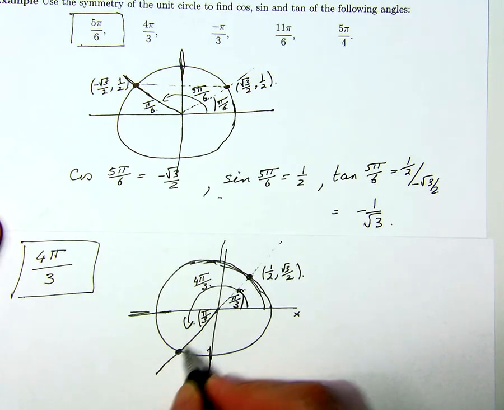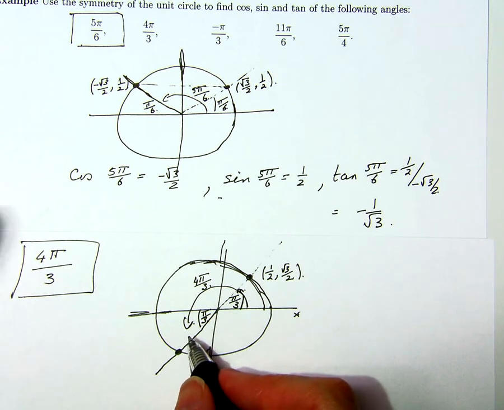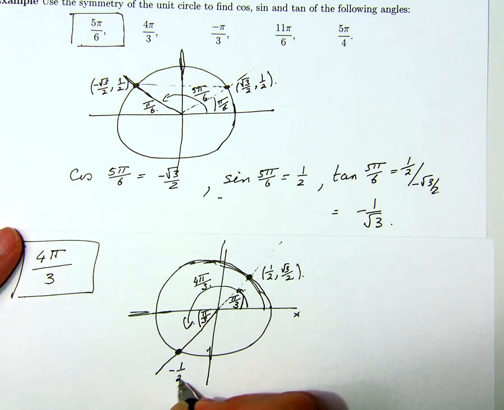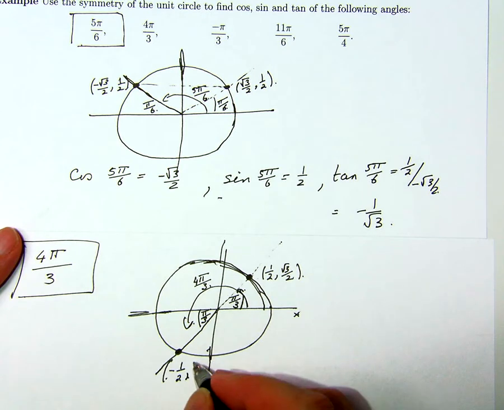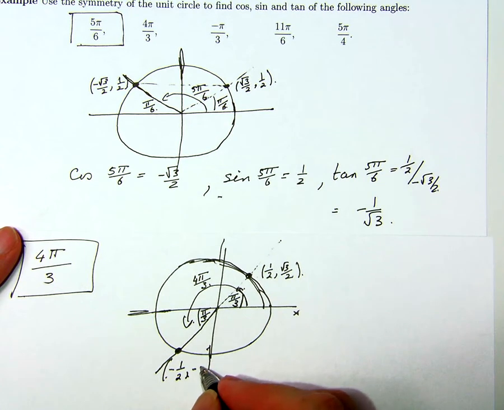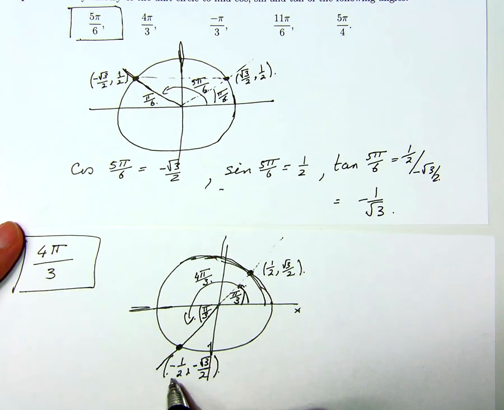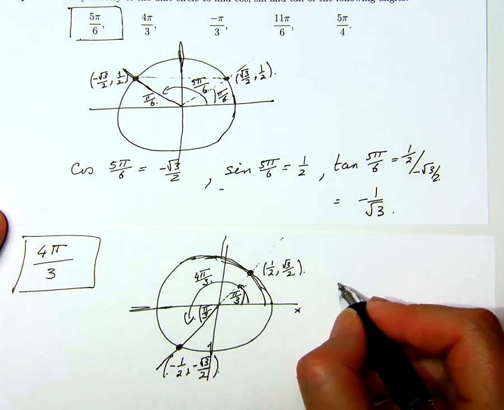So I can now derive the coordinates of this point. When I reflect a point through the origin, it makes both of the coordinates the negative of their previous values. So the coordinates of this point are negative 1/2, negative root 3 over 2, and these are the cosine and sine of this angle 4 pi over 3.